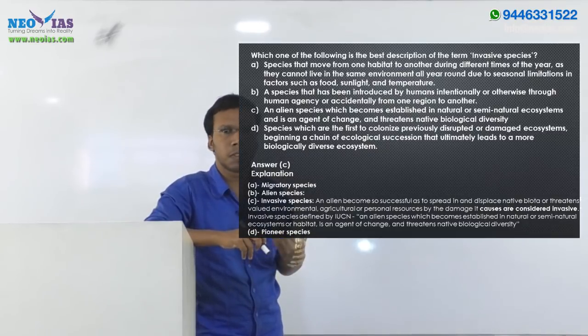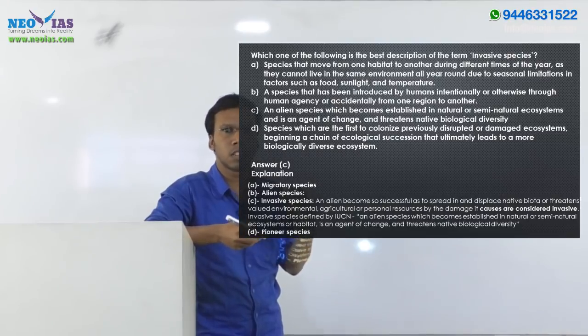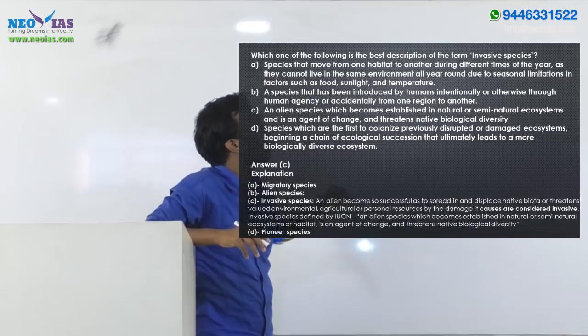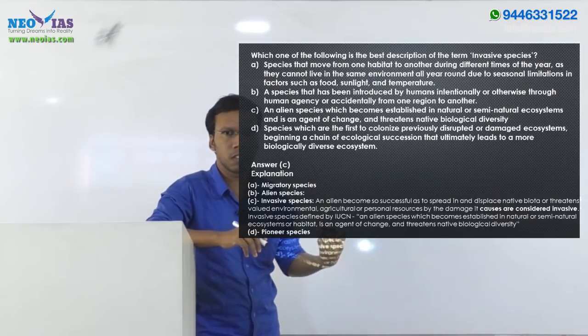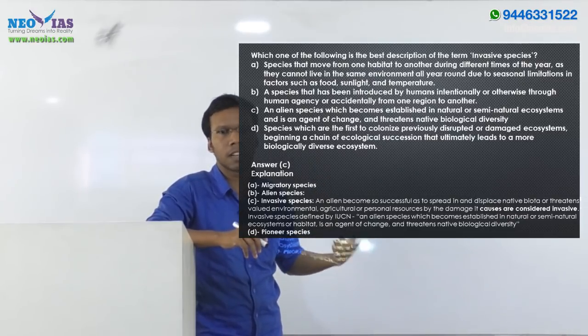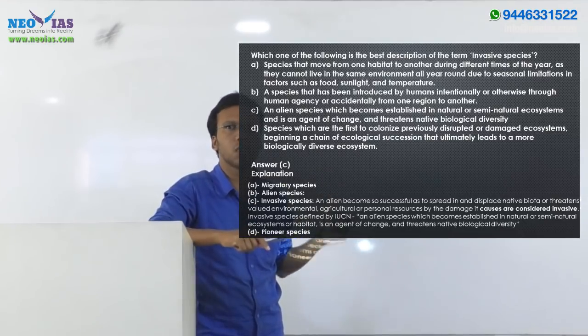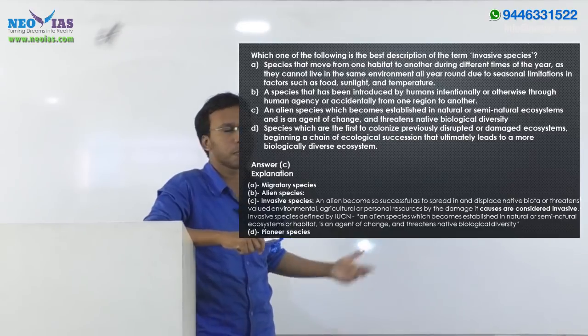Because the alien species will have more adaptability, so they will compete with the native species and suppress them. So that is the term called invasive species. That means they are invading the new region. The introduced species is invading the new region, and that is known as an invasive species. It's an alien species, but that alien species should suppress the native species, and that is known as an invasive species.